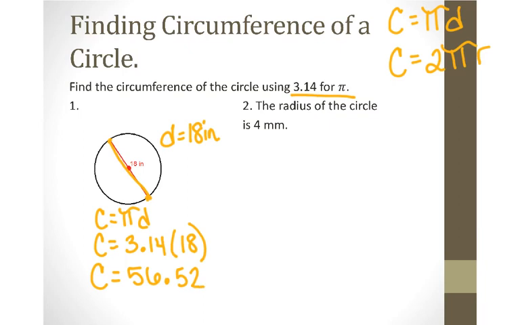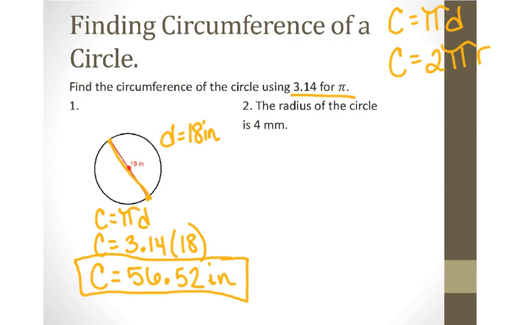Now think about it. When you use perimeter, what type of units do you use? So if you just said you just use the units how they're given, you're correct. So you just would write 56 and 52 hundredths inches. So since circumference is related to perimeter, you just use regular old units.